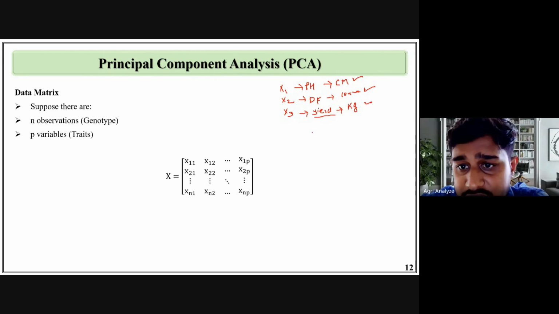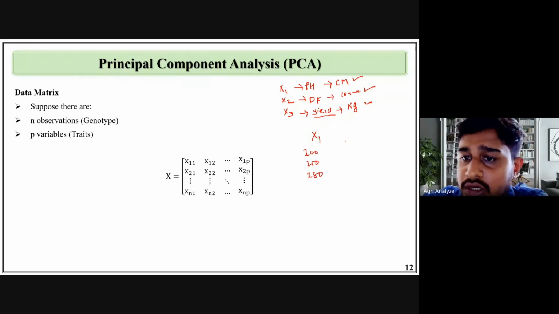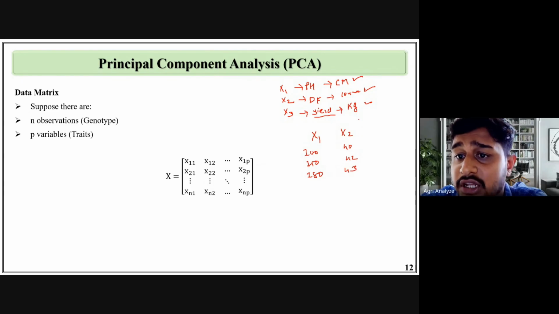Like for x1, plant height is found to be 100 centimeters, 150 centimeters, 180 centimeters. Then the x2 variable, days to 50% flowering, is like 40, 42, 43. Then the x3 variable is yield, which looks like 2 kilograms, 3 kilograms, or 4 kilograms.